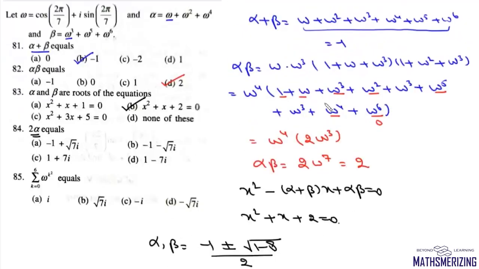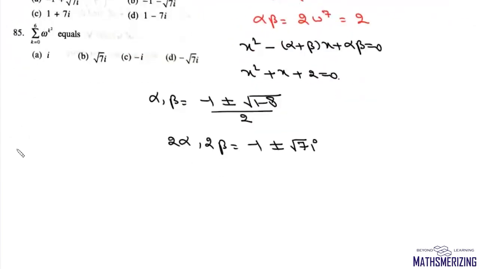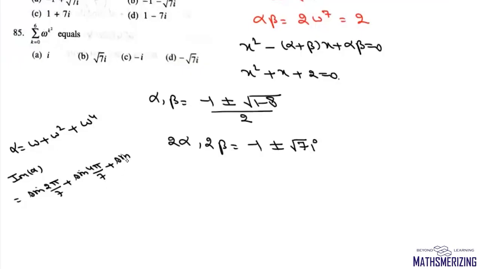Now what is alpha? Alpha is given as omega plus omega square plus omega to the power 4. And if we look at the imaginary part of alpha, it will be simply sine 2 pi by 7 plus sine 4 pi by 7 plus sine 8 pi by 7.